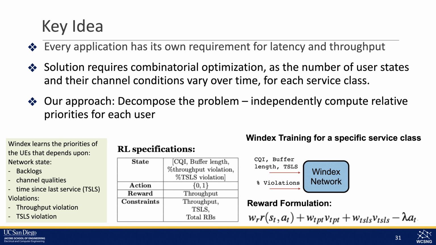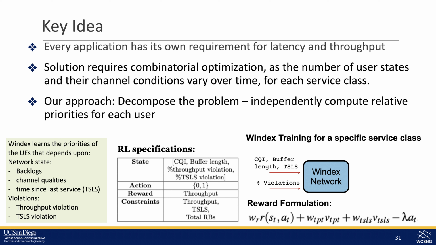In this case, we compute a priority index for each of these UEs per slot, and based on the priorities we simply order them in decreasing order of priority, and the UE with the highest index for that particular slot is scheduled for that TTI.